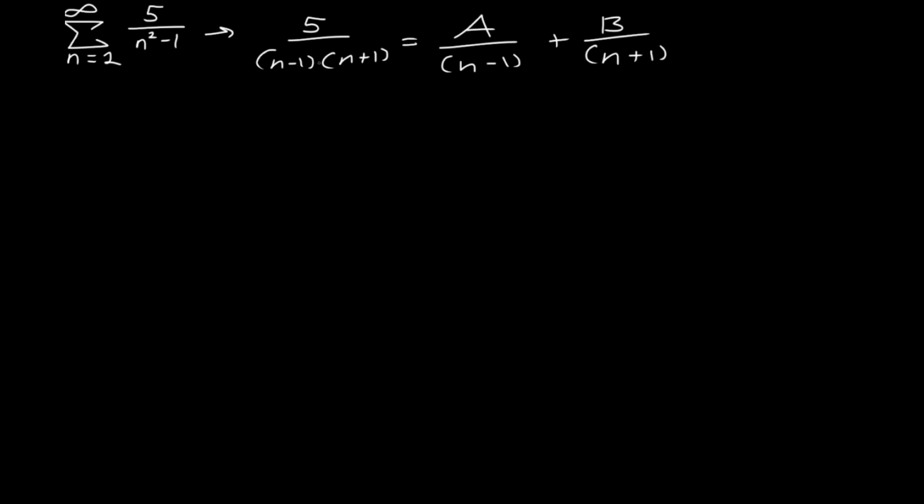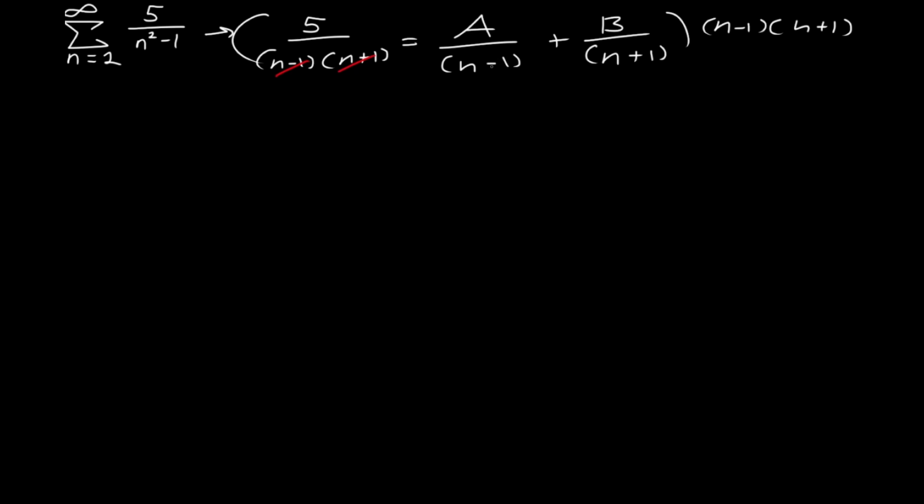And so now we're going to get rid of this n minus 1 and n plus 1 in the denominator over here. And we can do that by multiplying by n minus 1 and n plus 1. Now what that's going to do is cancel out the n minus 1 and n plus 1 underneath the 5.